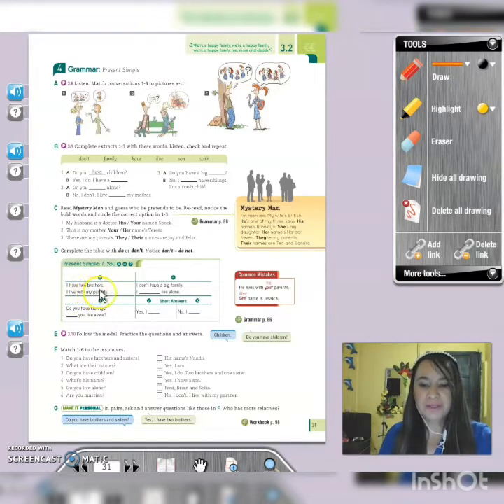Positive statements. I have 2 brothers. I live with my parents. On this, we are using present simple. Estamos utilizando el presente simple. Va con un sujeto, verbo y complemento. Tenemos el sujeto, el verbo y el complemento. I have 2 brothers.